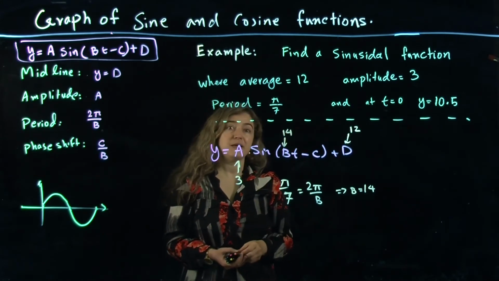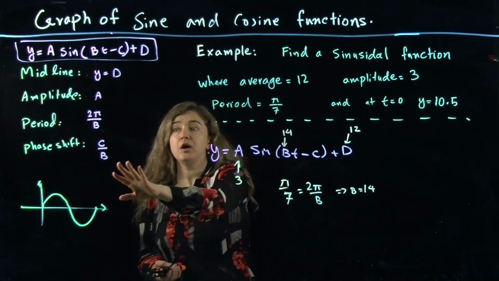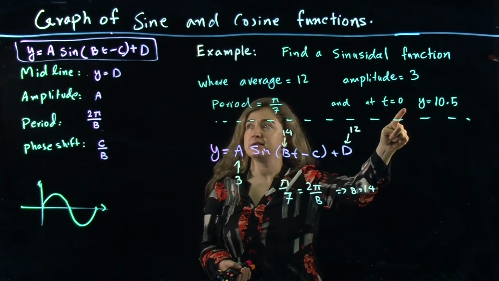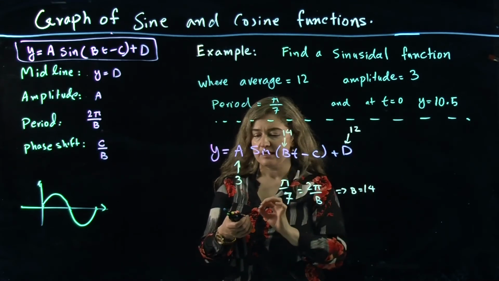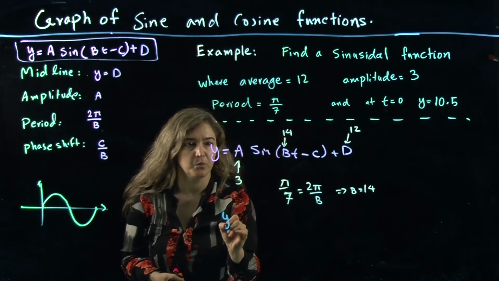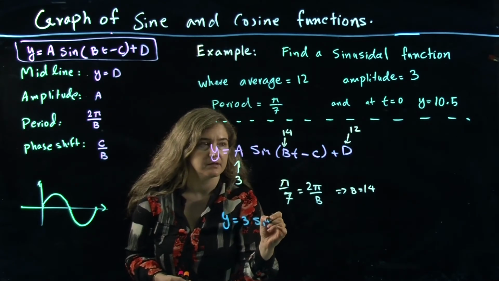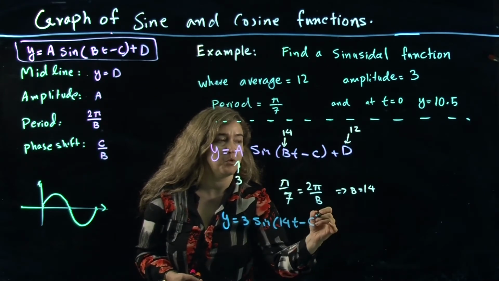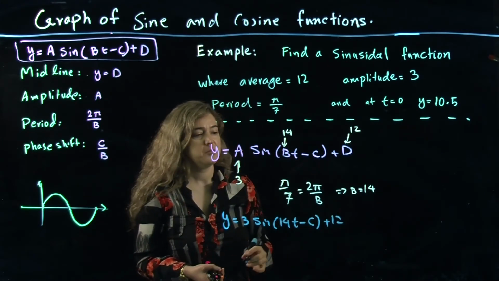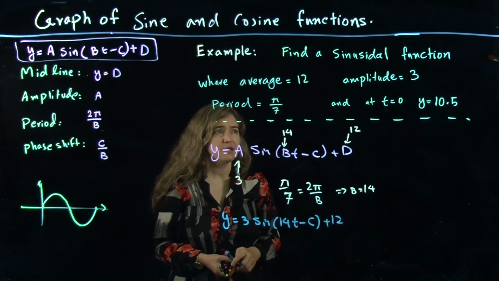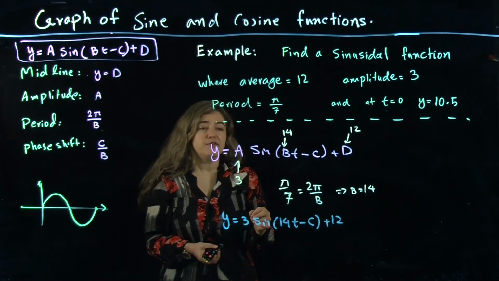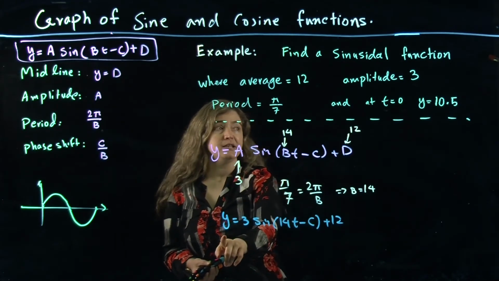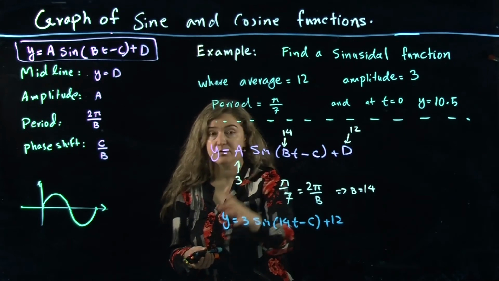And the last step is, this time I'm not going to use the phase shift. I'm just going to plug in t equal to 0 and see what happens. Let's rewrite this. y equal to 3 sine of 14t minus C, C is the one that I haven't figured out, plus 12. Now, if I plug in t equal to 0 in here, y is supposed to be 10.5. So let's do that.